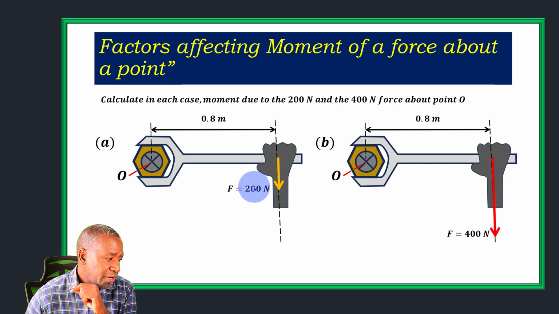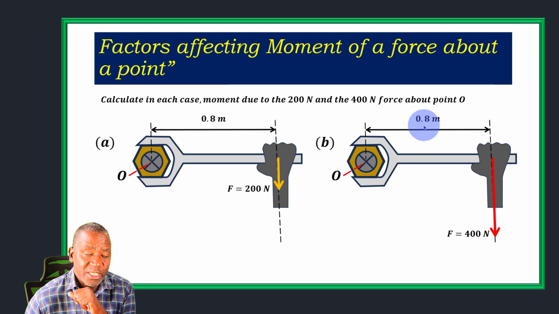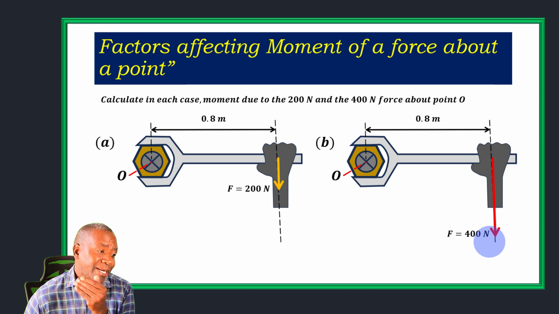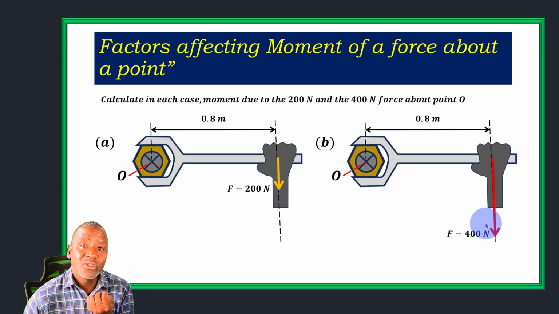This time we are going to keep the distance the same, 0.8 meters, 0.8 meters, but we are going to change the force. We are going to apply more force, 200 newtons, and here it will be 400 newtons. Again, you can pause the video and calculate the moment due to the 200 Newton force and the moment due to the 400 Newton force.